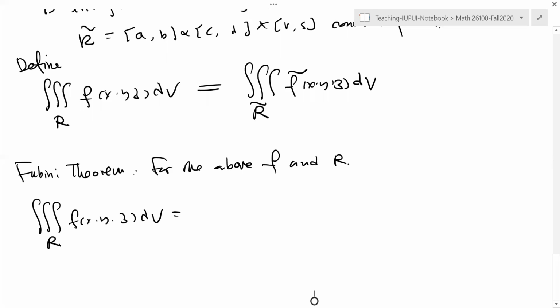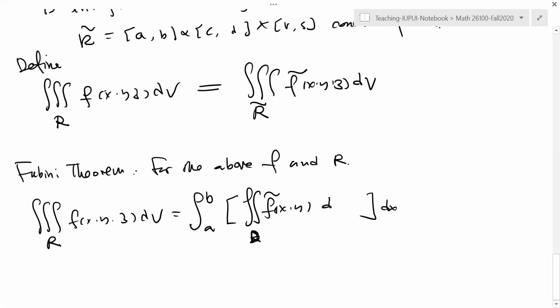There are many versions of iterated integrals; I just choose one of them. This is going to be from A to B, because you have R2 that, and that is dx, and that will be d. Let's say I put a d here, F2 of x, y, dA.